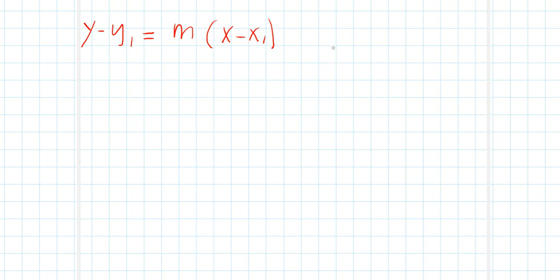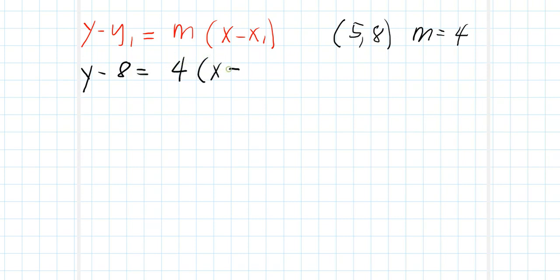If your point is (5, 8) with a slope equal to 4, we just substitute: y minus 8 is equal to 4 times x minus 5. Distribute: 4x minus 4 times negative 5, which is negative 20.